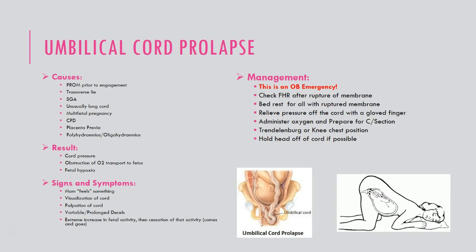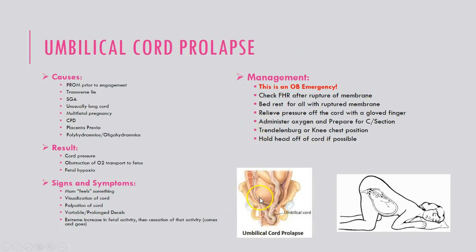The other thing that we want to talk about is umbilical cord prolapse. So this happens when the umbilical cord becomes displaced and falls out prior to the presenting part of the fetus. So it starts to protrude through the cervix, and you can see that in the picture here.